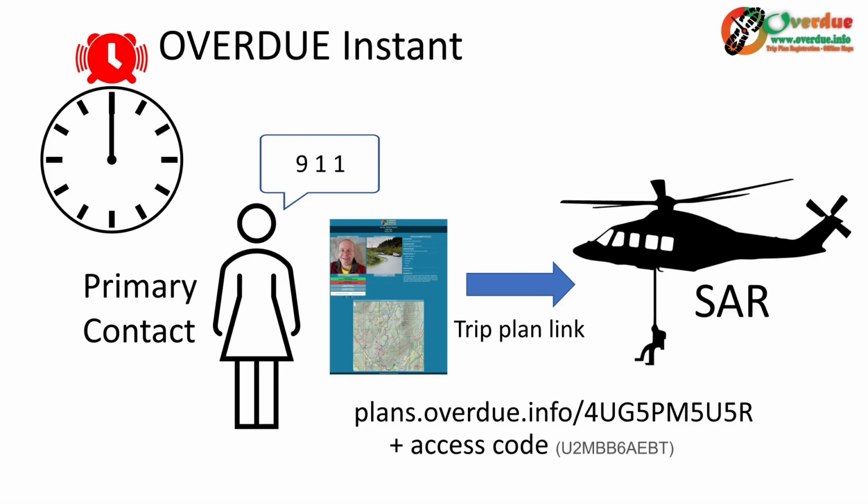When that person receives the trip plan, they may do some preliminary investigations to see if the person is really overdue or just forgotten. And then if they're satisfied they are overdue, that person will contact emergency services and search and rescue, and it's a simple matter of passing on that trip plan code and the access code to search and rescue.